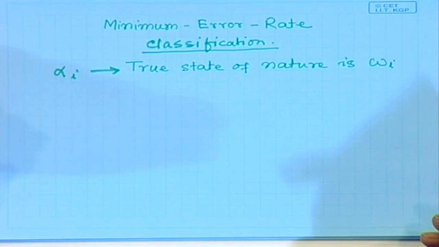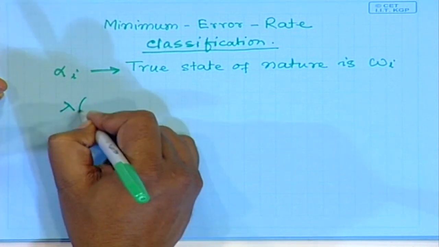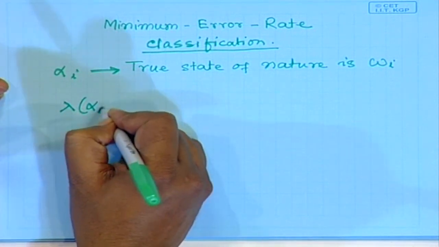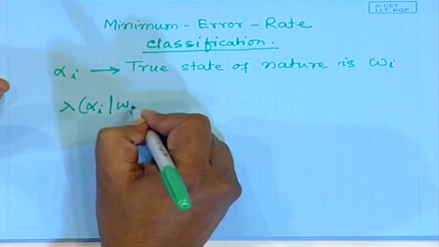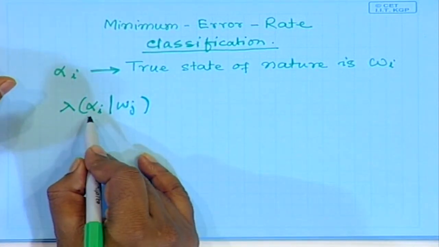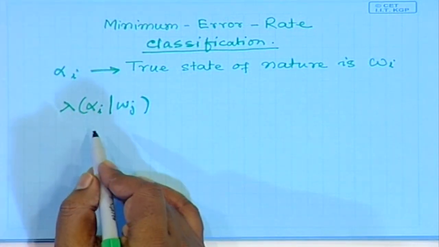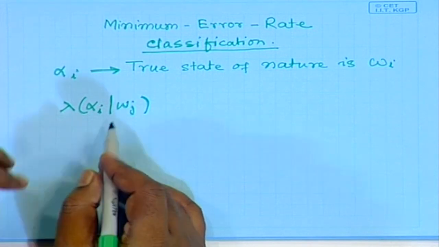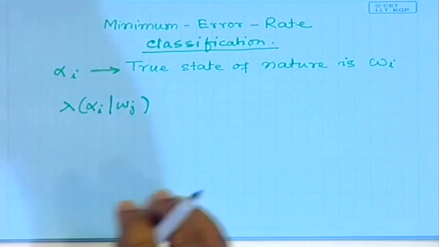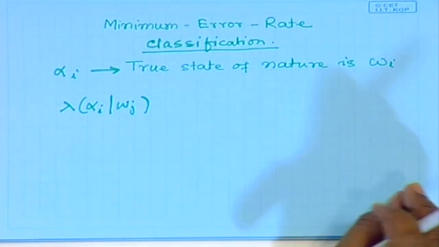Okay. And if I define the loss function like this, say lambda of alpha i given omega j. Taking an action alpha i means deciding that the state of nature is omega i. Okay. So, as I said, if my decision is correct, that means if I take action alpha i and the true state of nature is also omega i, then ideally I should incur a 0 loss.